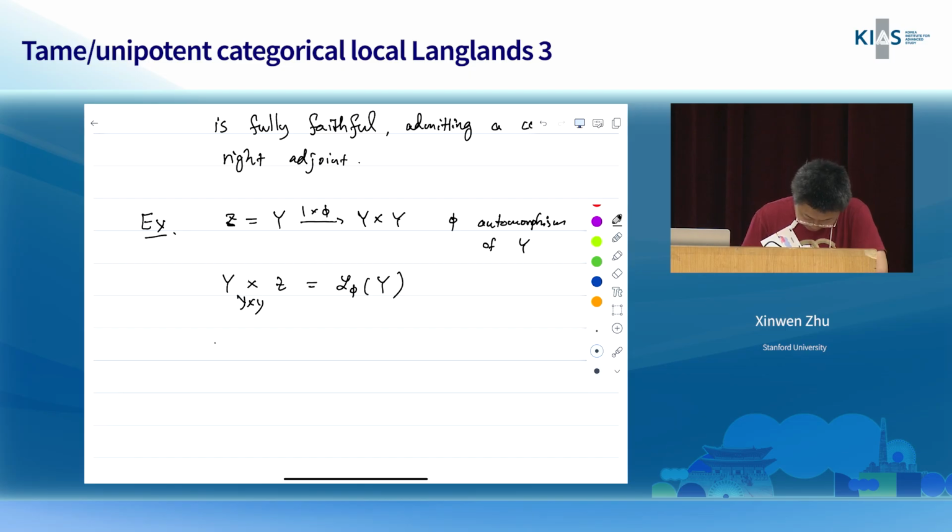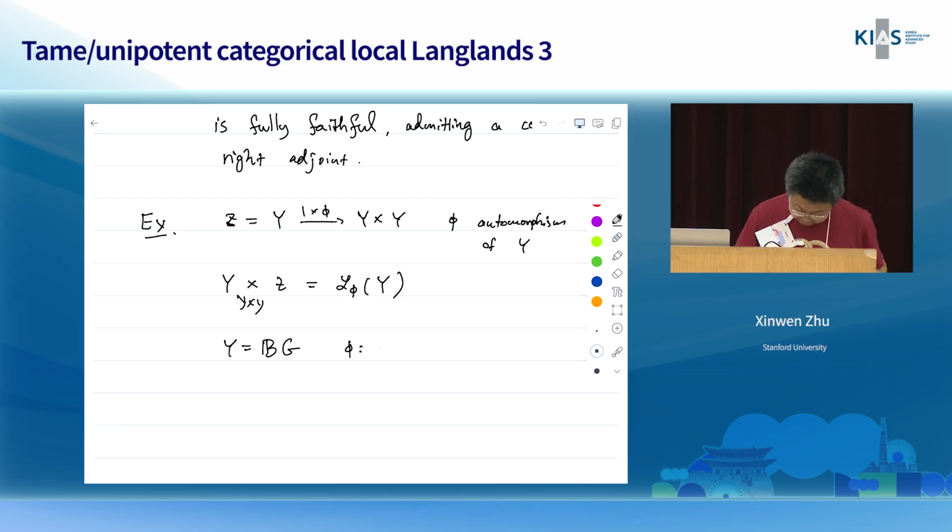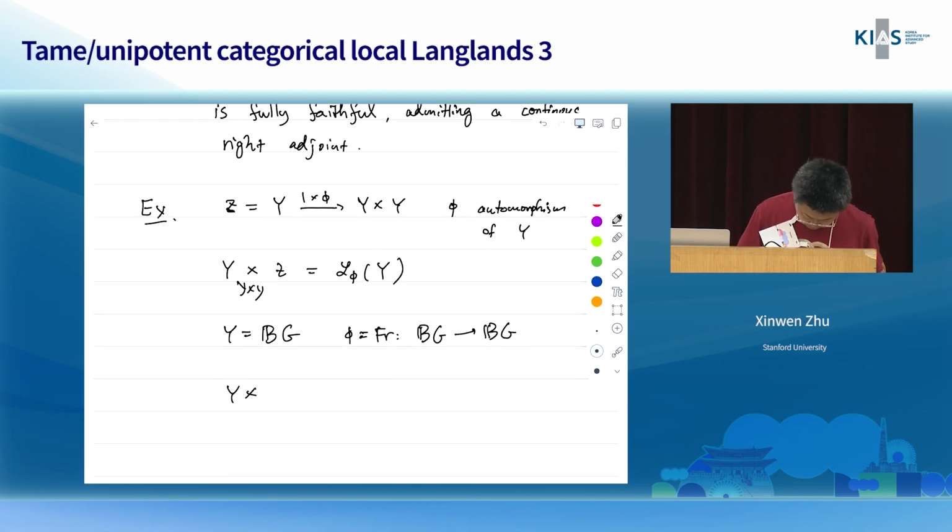Even more specially, take Y to be the classifying stack of some group G, and phi is the Frobenius. Then Y times Y over Z, the twisted loop space, is just G modulo the Frobenius conjugation.